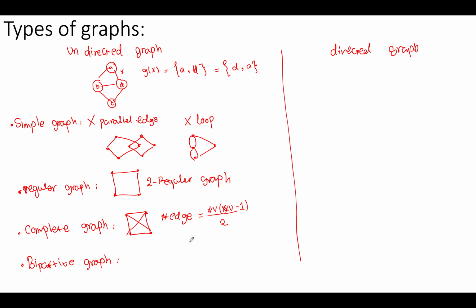For example, let's see this graph. We've got a graph with 5 vertices, and we've got the connections as you can see here.